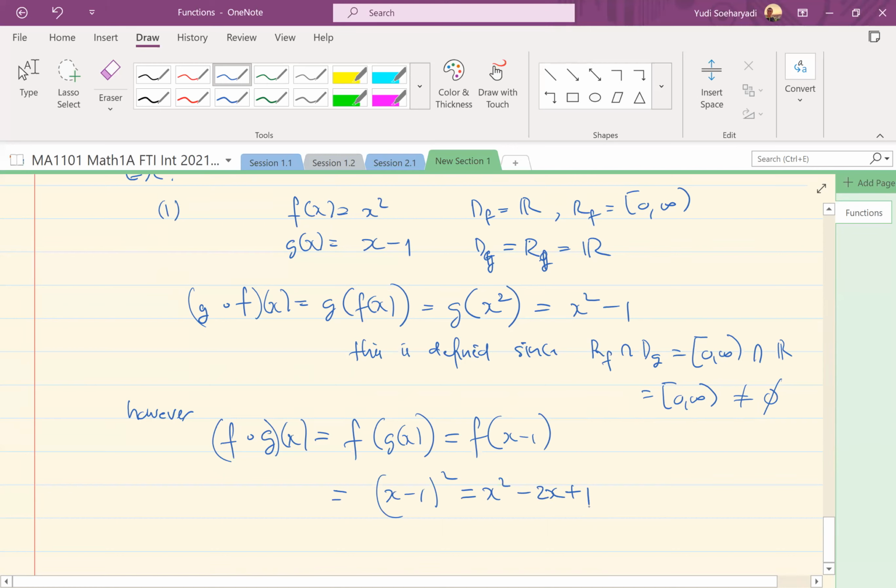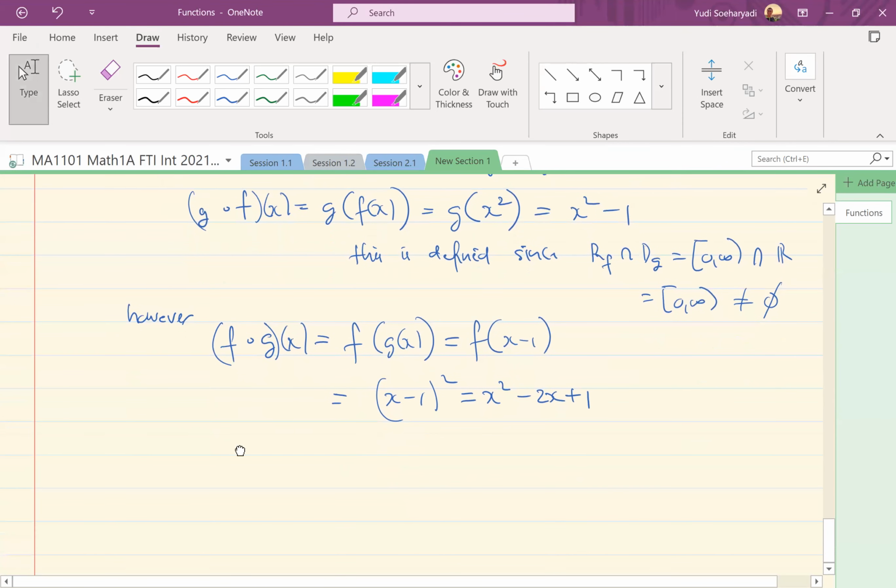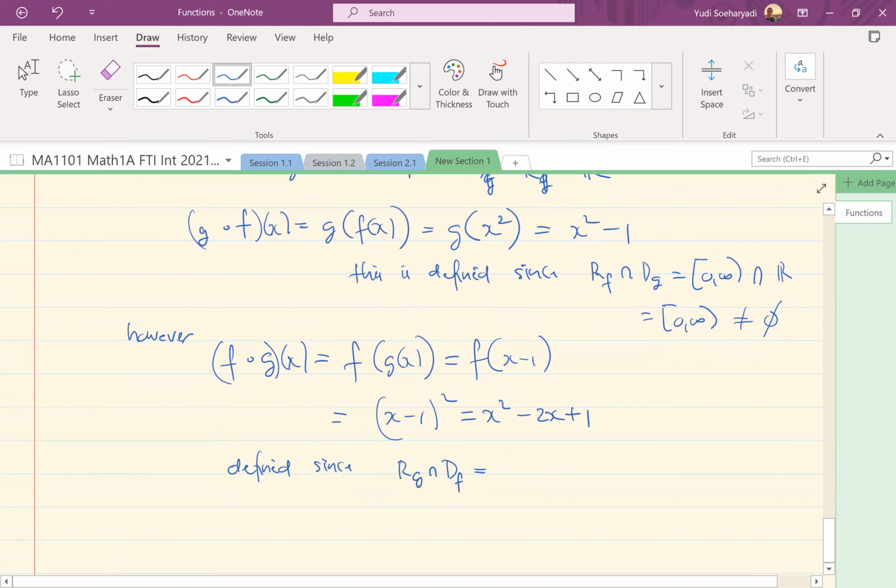This is also defined because you can find the intersection. The range of g intersect the domain of f: g is x minus 1, so its range is R. The domain of f is R also. It's not empty. Okay, defined.